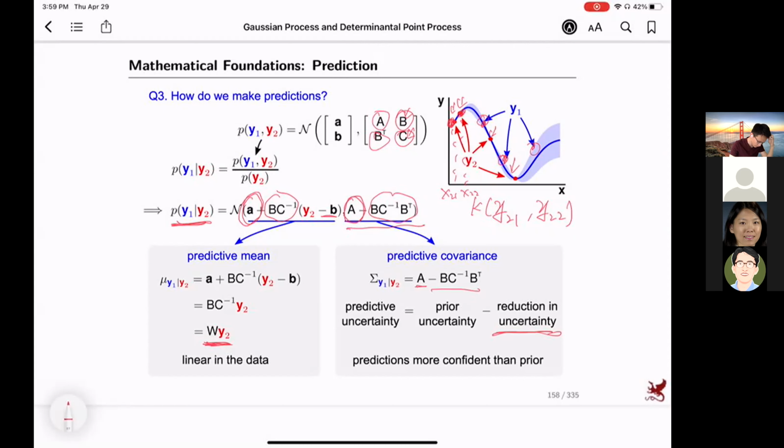So it is reasonable that Y2 plays a role in predicting the Y1 value. But in terms of covariance, because we have never seen Y1, there is no way to use Y2 to predict the covariance. So the fact that Y2 plays a role in the predictive mean, but not in the predictive covariance, seems to make intuitive sense to me now, because we never observed Y1.